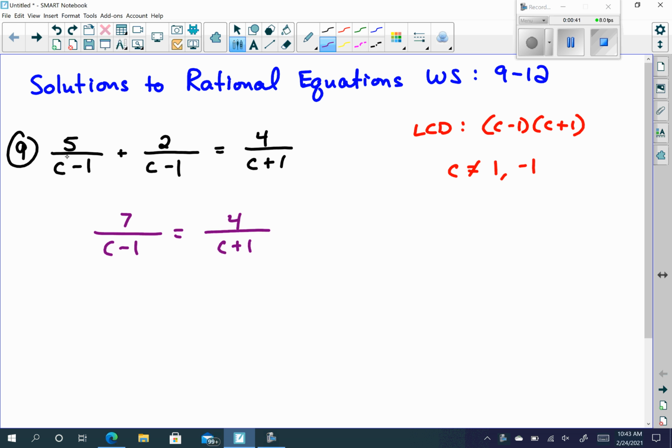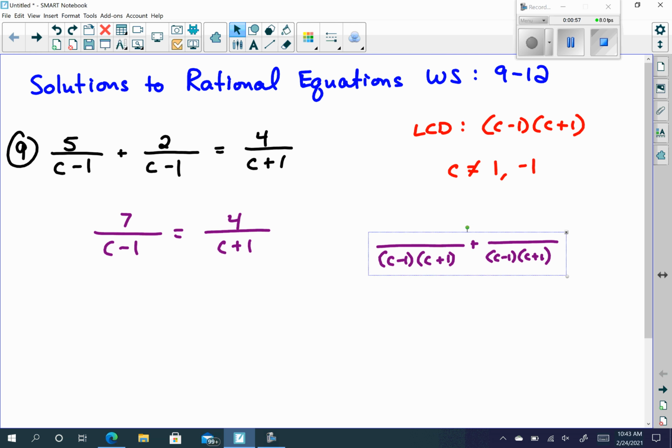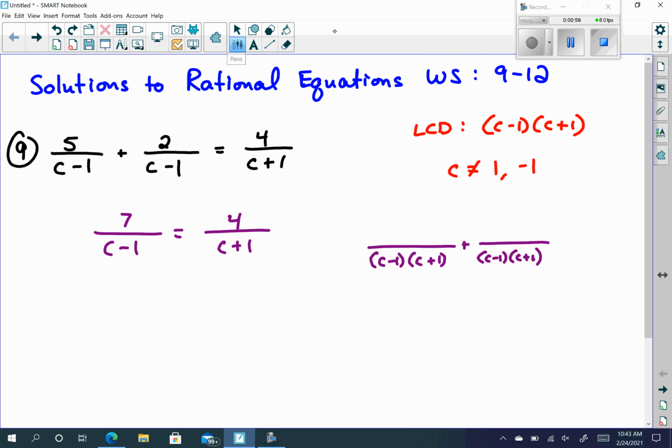If not, you would just still keep, I'll write this over here if you didn't do it this way. We want to get common denominators for all of them, so they'll be made up of c minus 1, c plus 1. So the 5 would have to get multiplied by the c plus 1.